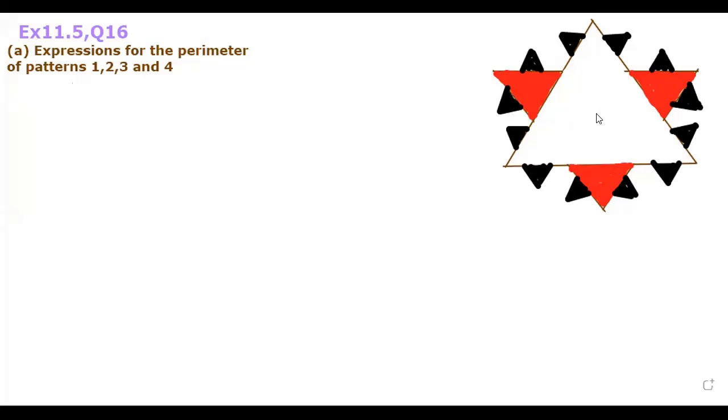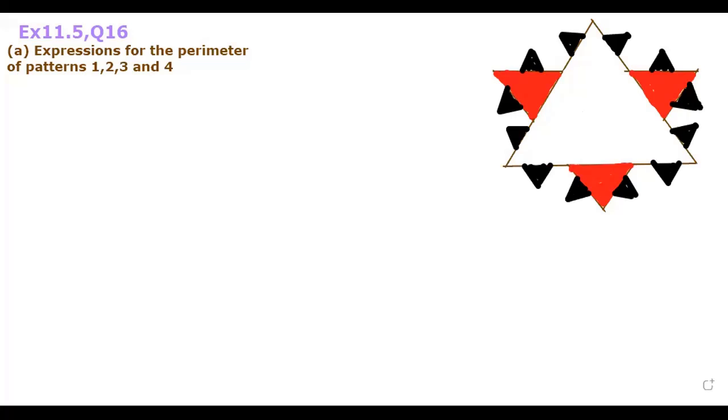Pattern 4 is very difficult to draw, so that is why I have left that one. But we can initiate the question from these 3 patterns. This diagram is basically a combination of pattern 1, pattern 2, and pattern 3. So we find the perimeter of the first one, the white equilateral triangle.